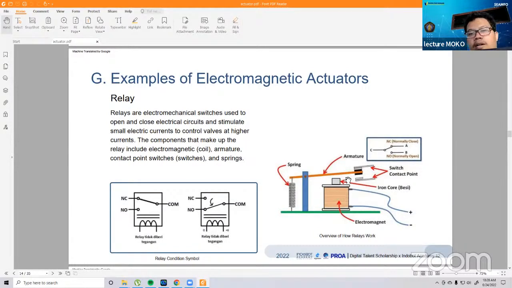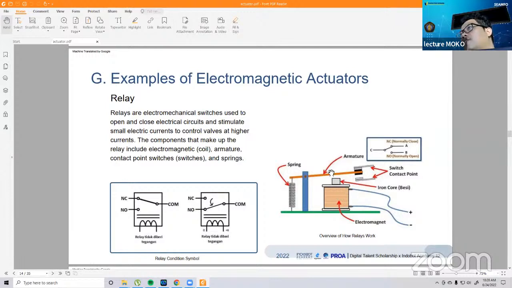It will be pulled here, and it will connect to this side and make the circuit close. Circuit close means you can connect to another electricity source, for example, to light a lamp in your home or in your house. So this mechanism is a mechanical system. It's a very simple mechanism, just to pull this armature, this iron, to connect on the other side.